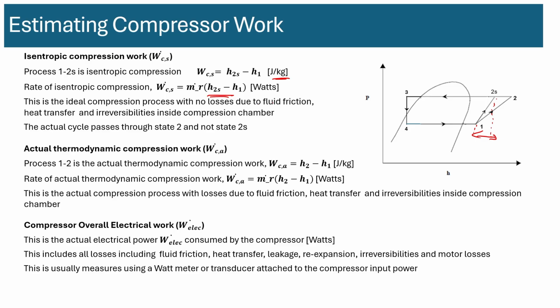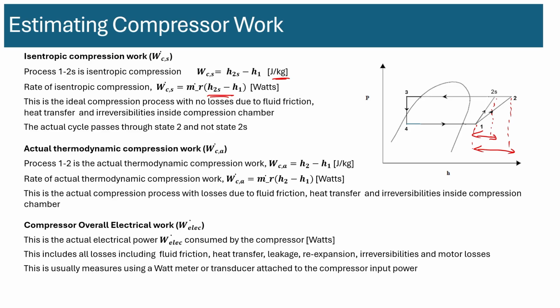Now the actual thermodynamic cycle is described by this notation W dot CA, calculating the enthalpy difference between 1 and 2. Okay, so you have already calculated H2 and H1. Now you use that to calculate the work done, W dot CA, the actual thermodynamic work. Multiply it with mass flow rate to convert into watts.